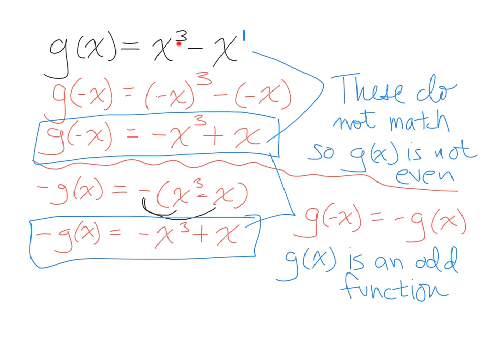We have a third power, that's odd, a first power, also odd. So this whole entire function is odd. As a quick warning, you cannot have any constants being added or subtracted to an odd function and have it still be odd.